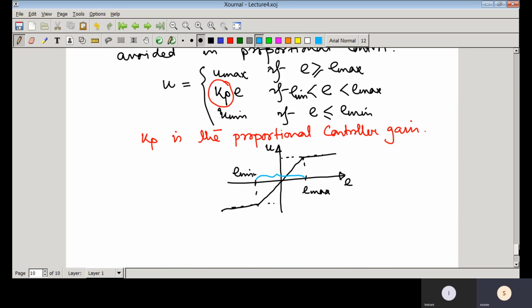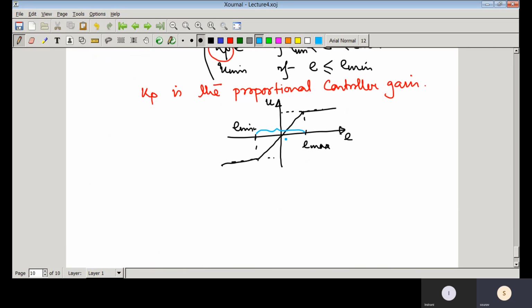But in the case of proportional control, we are generating U, which is Kp into E. So what would be the slope of this control law? It depends on how much control gain you have chosen. This Kp is the controller gain, and as a designer your job is to design this Kp.